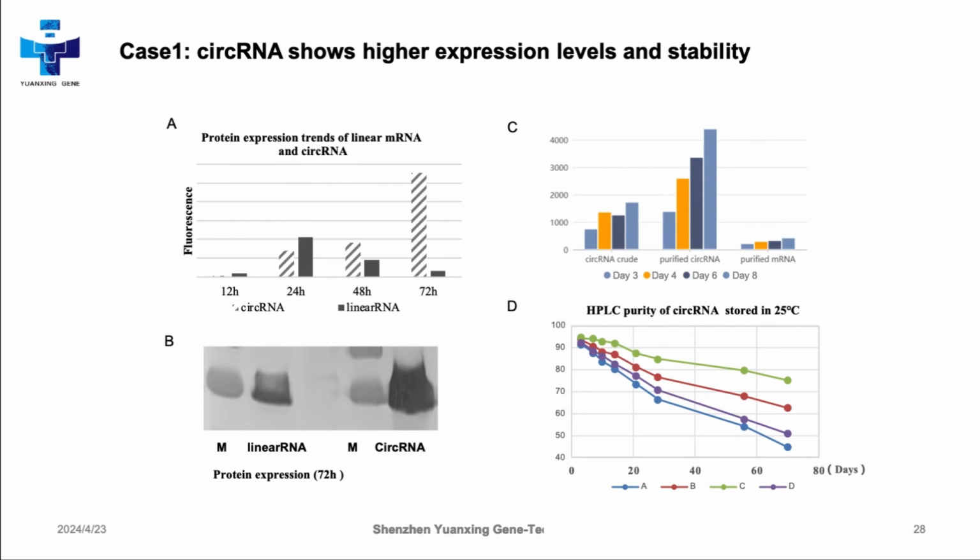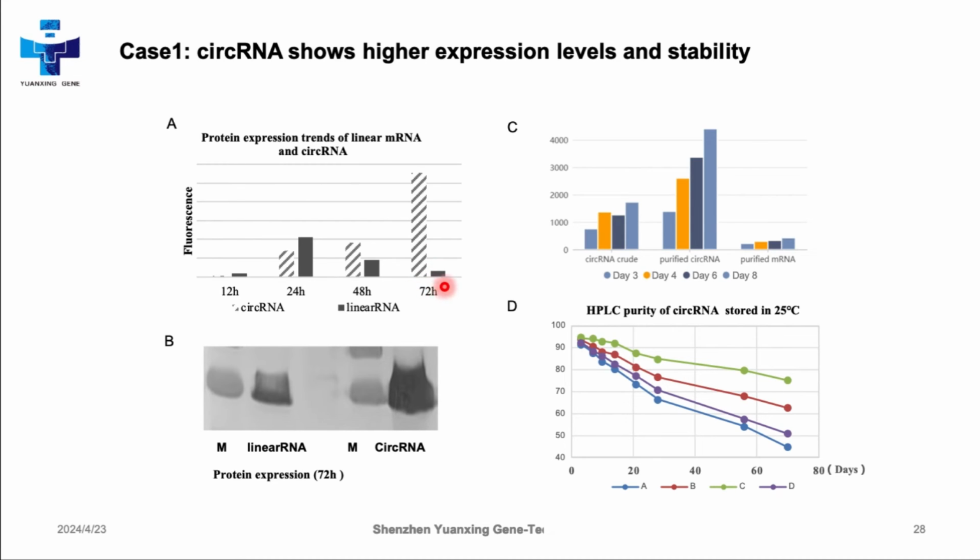In the first case, we compared the expression level of the linear RNA and the circRNA, and we found that the linear RNA expressed higher than the circRNA at 24 hours, while as time went on, the protein expression of the circRNA was significantly higher than that of the linear RNA, particularly after 3 days.